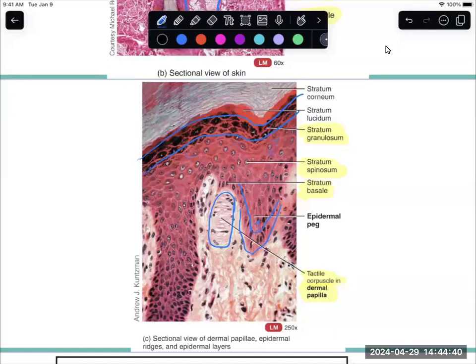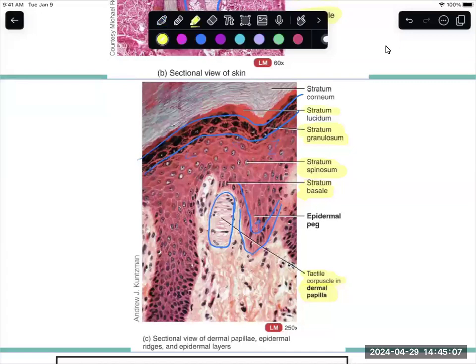We don't want different substances to absorb through our skin that shouldn't. When you go swimming, take a shower, or take a bath, you don't want water to be absorbed into your skin. So we create this waterproof layer within our skin that prevents that from happening.